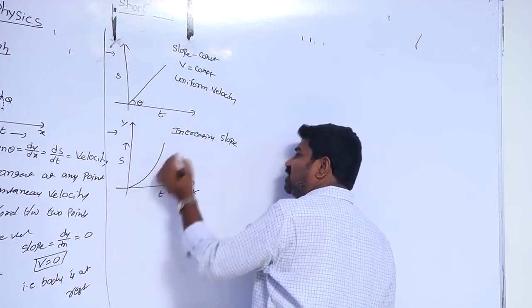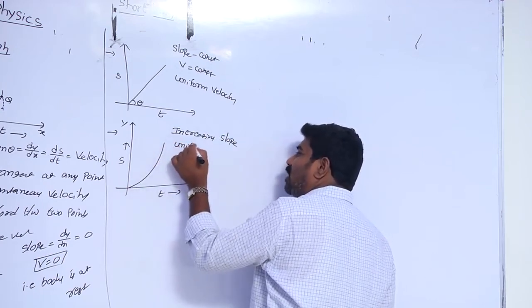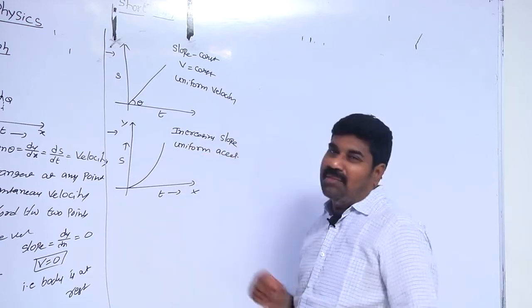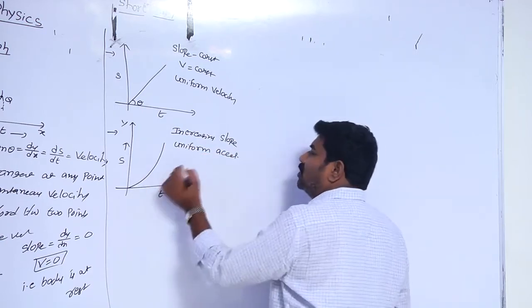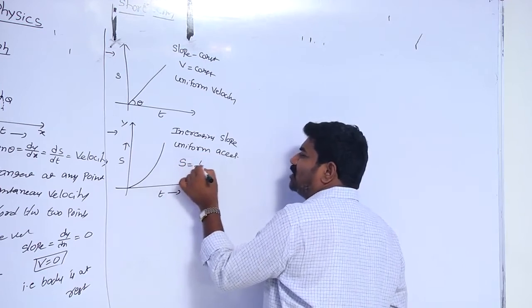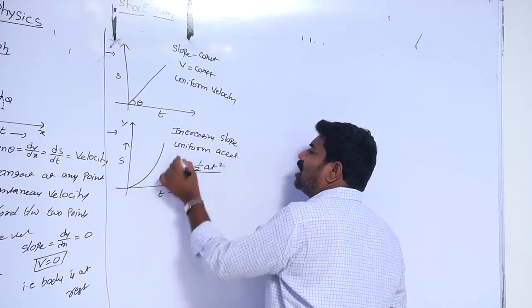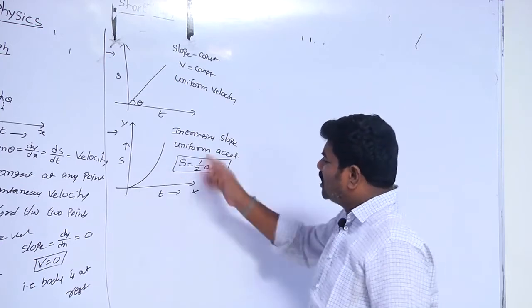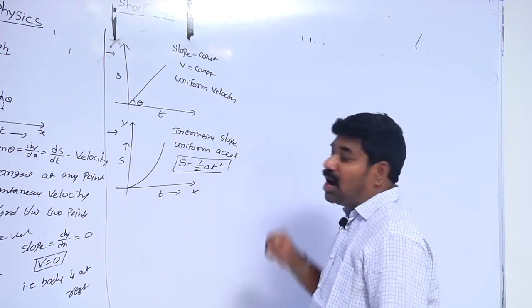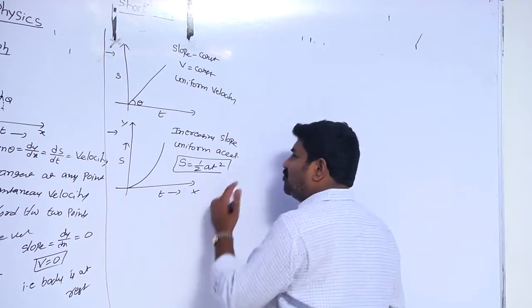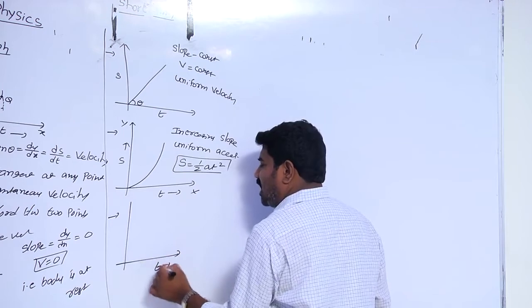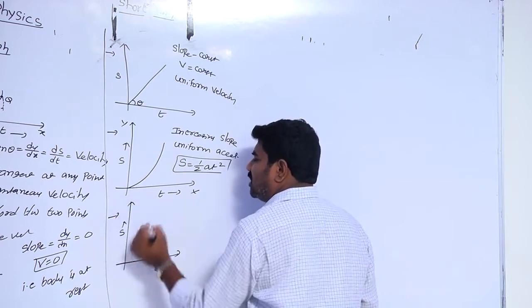That means it gives the uniform acceleration. This graph gives s is equal to half at square. Uniform acceleration.